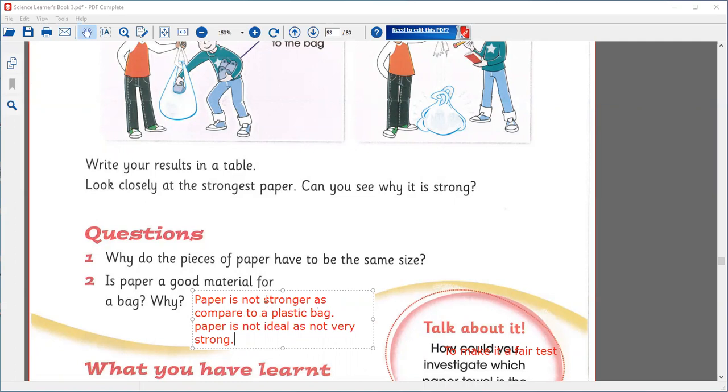You can also write like this. From both, you can write any one line. Paper is not stronger as compared to a plastic bag, or you can write paper is not an ideal material, or you can write paper is not ideal as it isn't very strong. Okay, done.